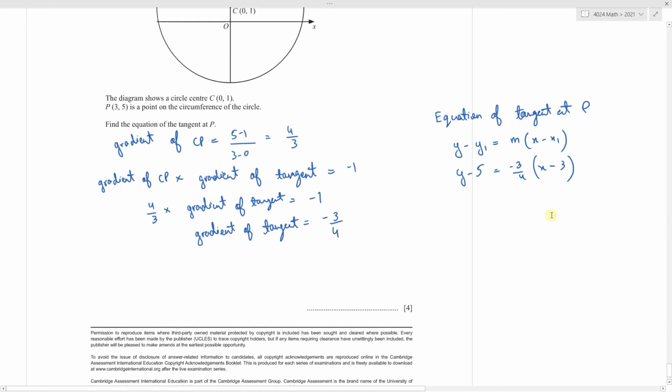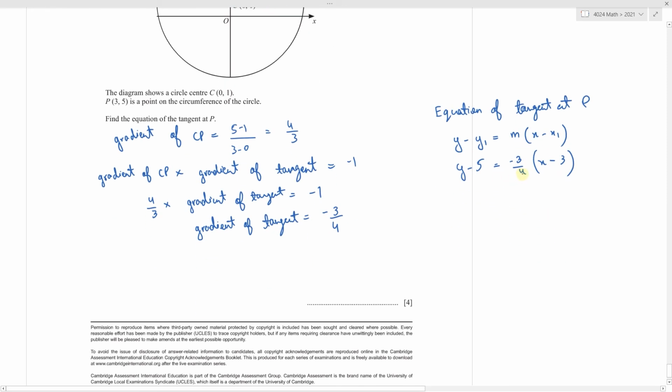So let's solve this now. Let's first actually open the bracket. So y minus 5 will equal minus 3x plus 9 over 4. Let's take this 4 to the other side. I'll get 4y minus 20 equals to minus 3x plus 9.